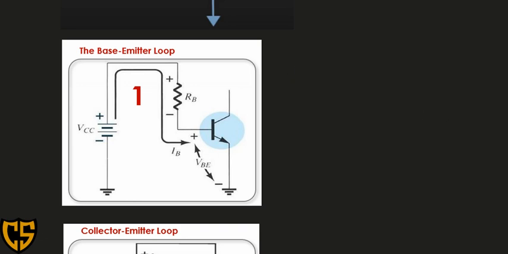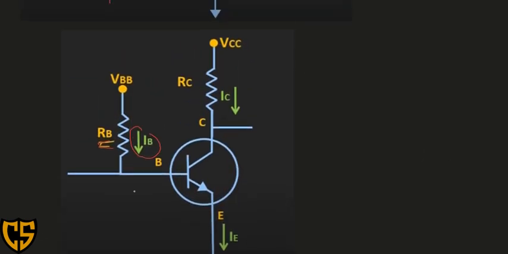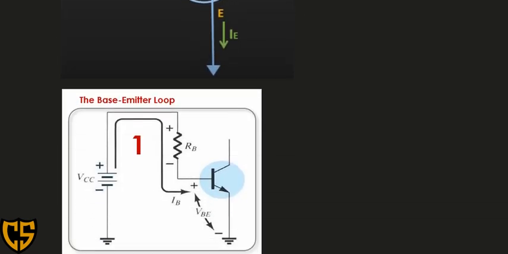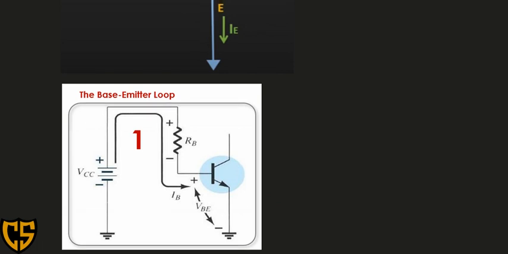Take note that in the upper circuit we refer to this as VBB. But for most circuits, your VBB is also connected to your VCC, so this is also referred to as VCC. For the representation below, we are using VCC, which is the same.